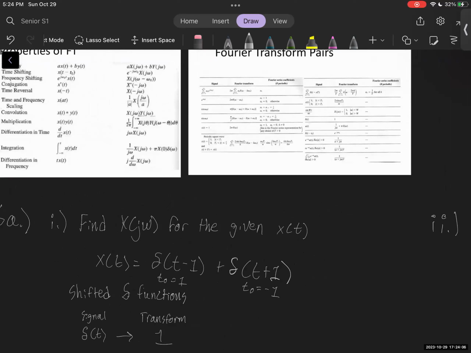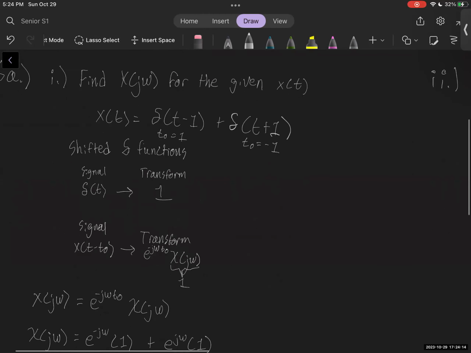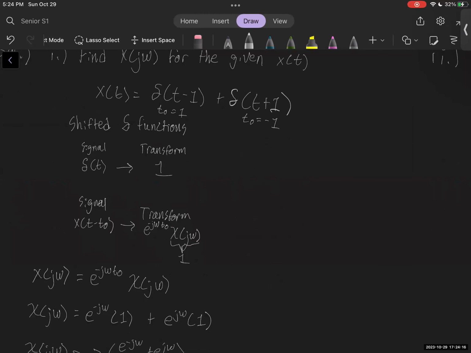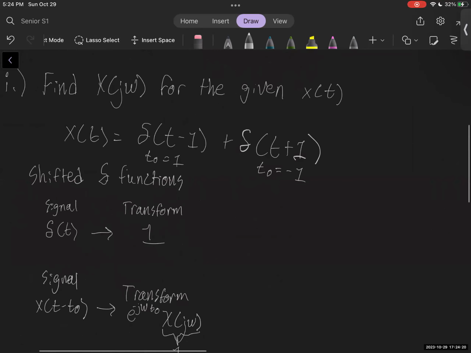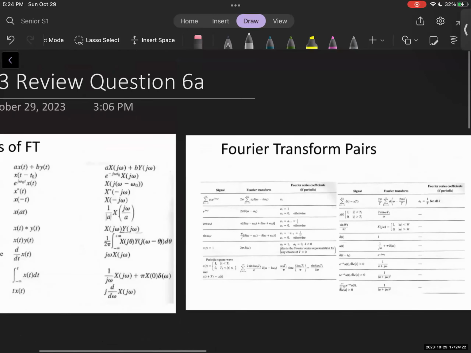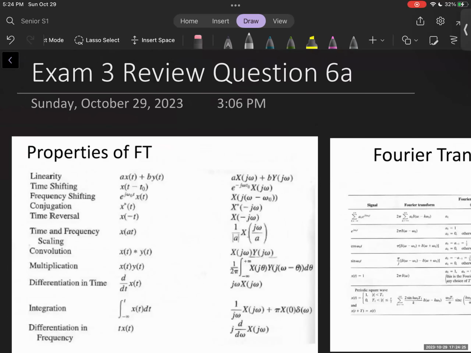If you had like a 4 in front, for example, you would end up with 4 times that, but you wouldn't be changing your x of j omega value. It would still just be 1, but you would also include the linearity property. So you would carry that 4 through. So you would get 4 times your x of j omega, which is 1. So you would just get 4. Does that make sense and help explain? Yes, thank you so much.